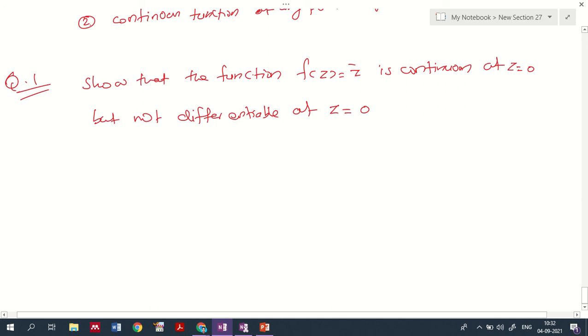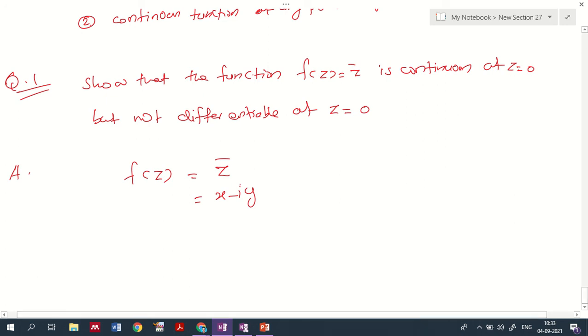So how do we do this one? Here the given function is f of z equal to z bar, so that is x minus iy. As we said, we can check whether that is continuous or not. I am not going to check the continuity here.